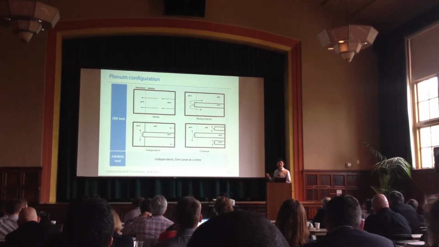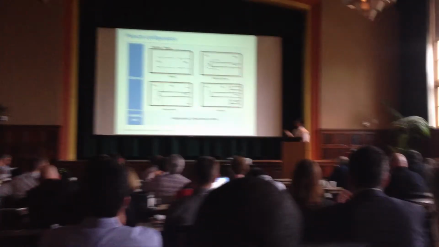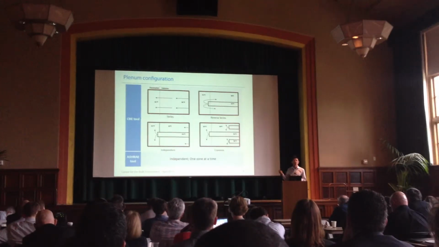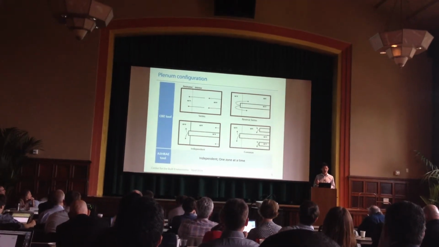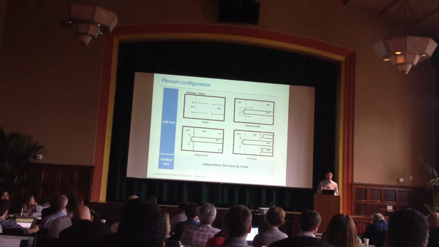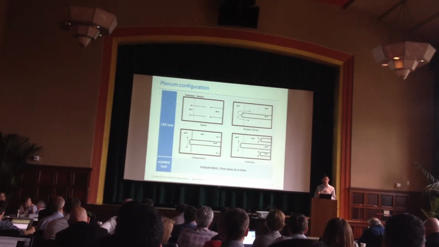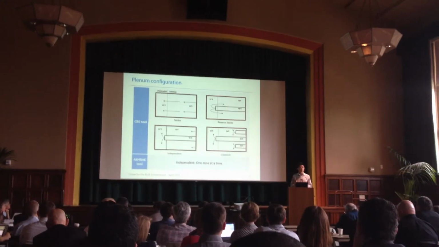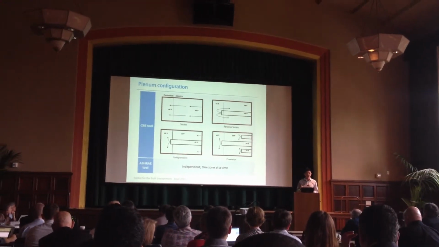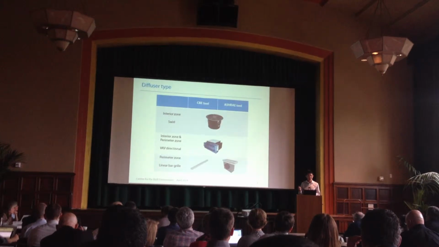As you can see, as the air travels from the interior zone to the perimeter zone, it rises from 60 Fahrenheit degrees to 64 Fahrenheit degrees. However, for the ASHRAE tool, you can only specify 1 plenum configuration and run 1 zone at a time, but you can run both the perimeter zone and interior zone at the same time in the CBE tool.